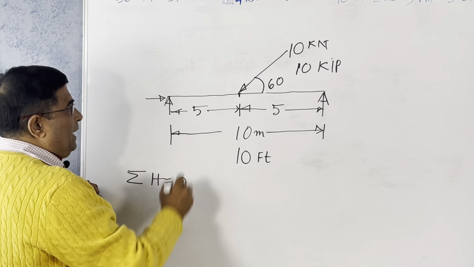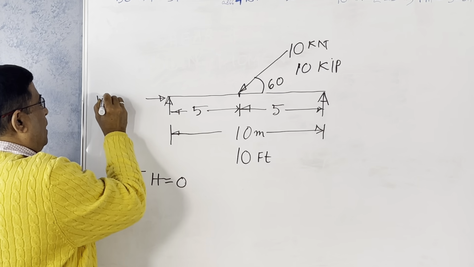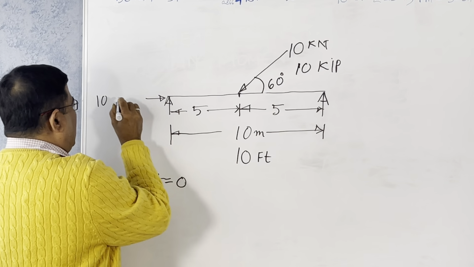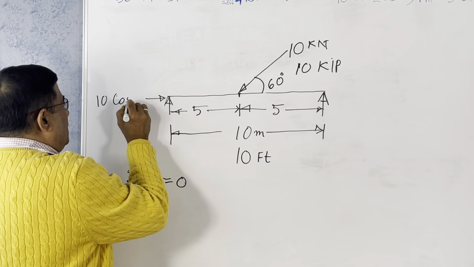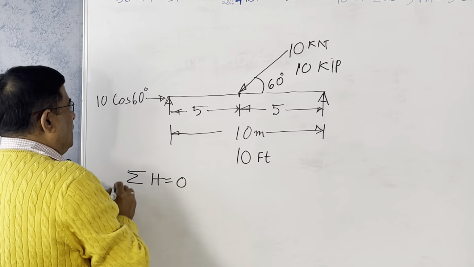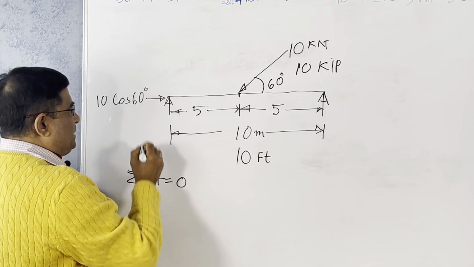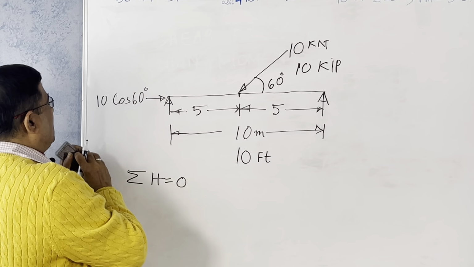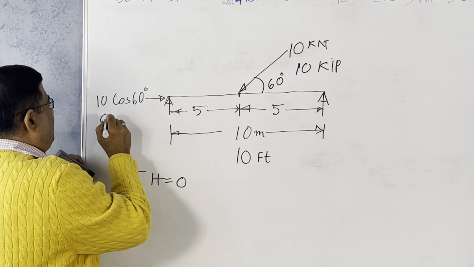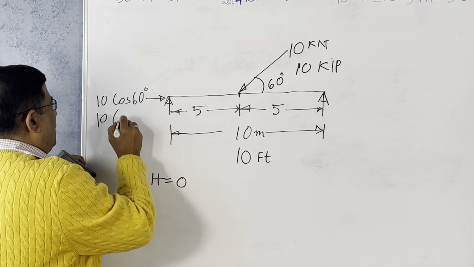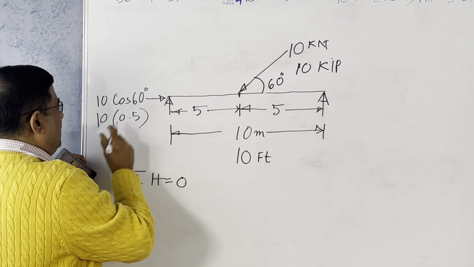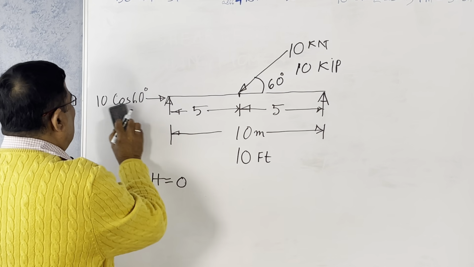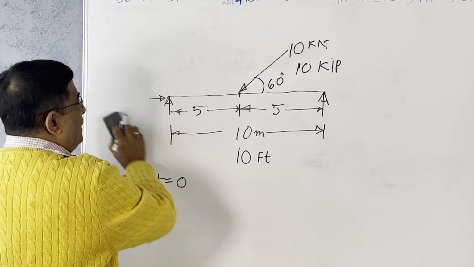We apply that, and it is 10 cos 60 degree. Cos 60 degree is 0.5, so it is 10 times 0.5 equal to 5 kip or 5 kilonewton.